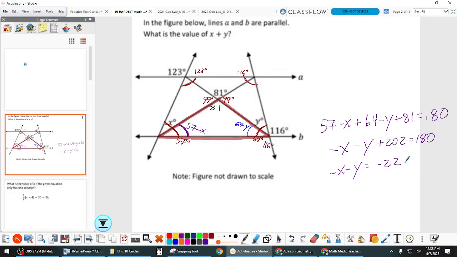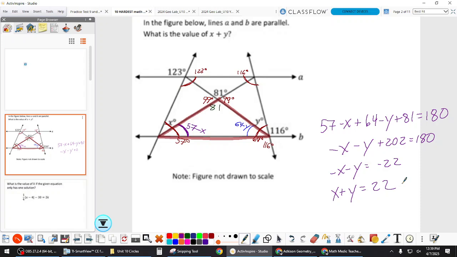Well, you can't find x and y with just one equation. But it doesn't matter because we're only trying to find the sum. So if we change the sign of everything, which is the same as dividing by -1, we will get x plus y equals 22. And that's what we're looking for.